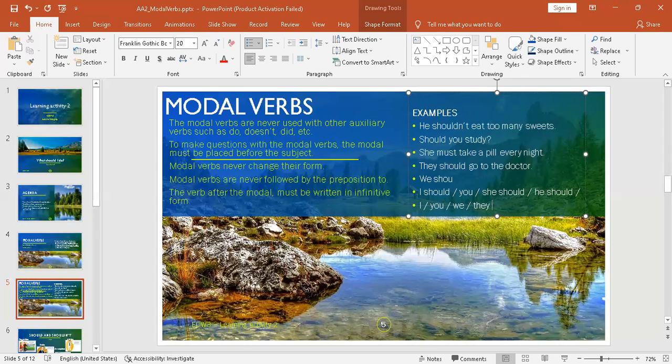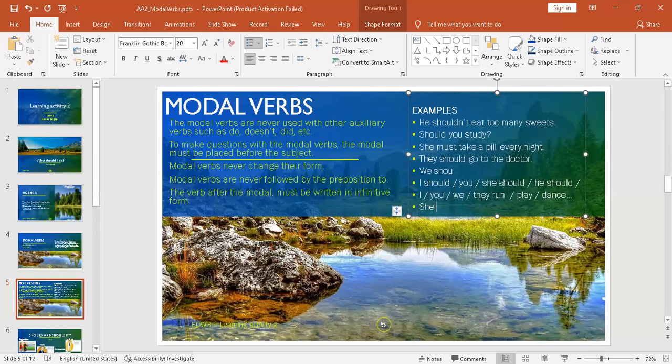The verb we find it on the dictionary, you know, like run, play, dance, or okay, whatever. And remember that we have another conjugation, the second one, which is for the third person singular, for he, for she, for it.